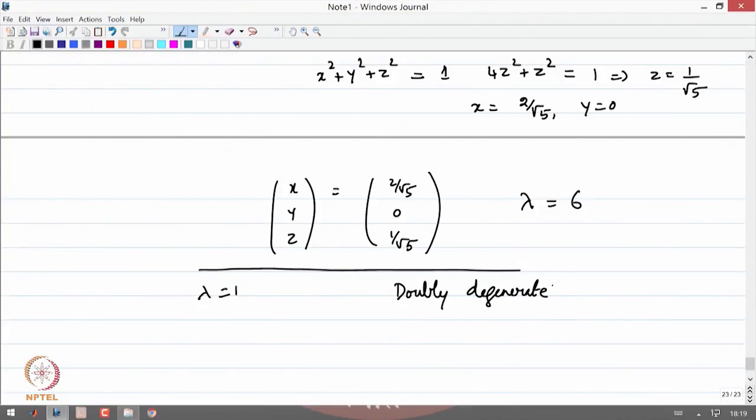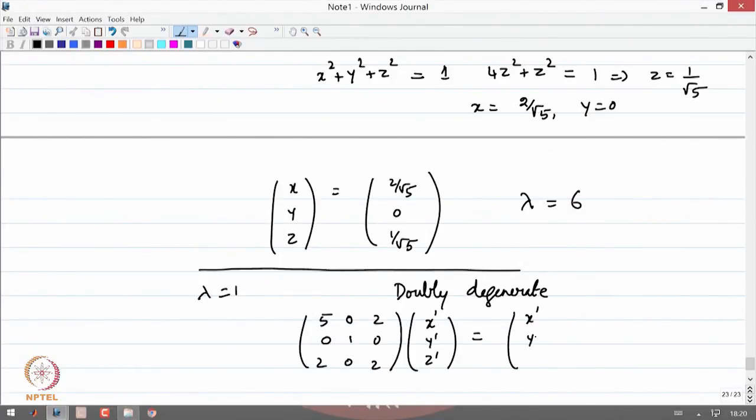That is, this matrix which I wrote down, namely the matrix 5, 0, 2, 0, 1, 0, 2, 0, 2, has now an eigenvector x prime, y prime, z prime, with lambda equal to 1.